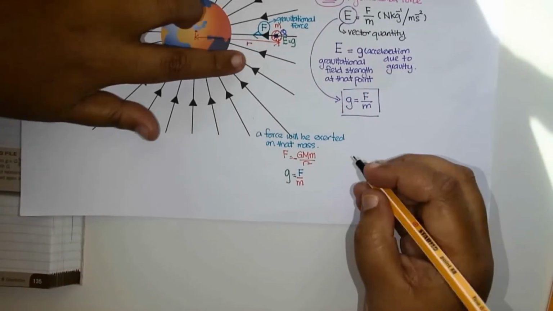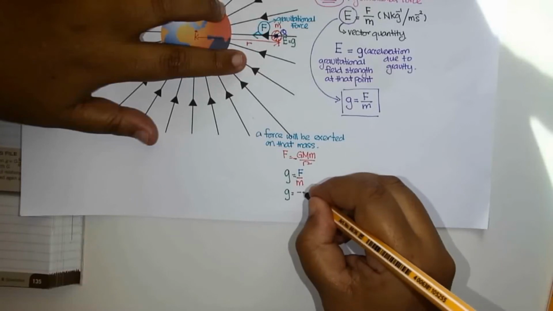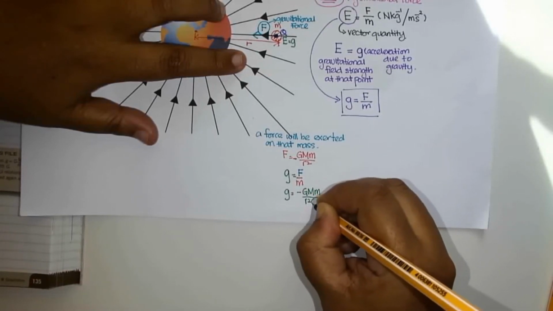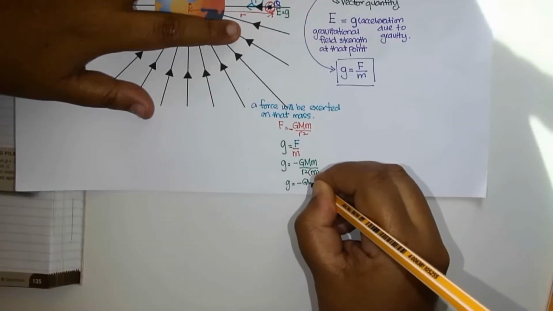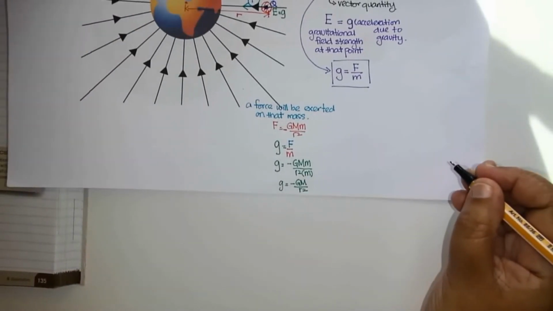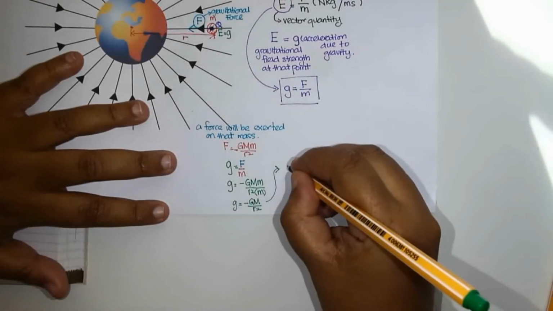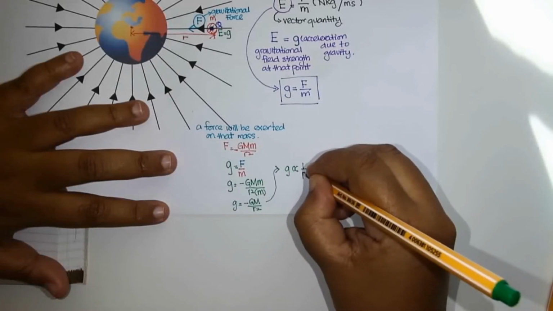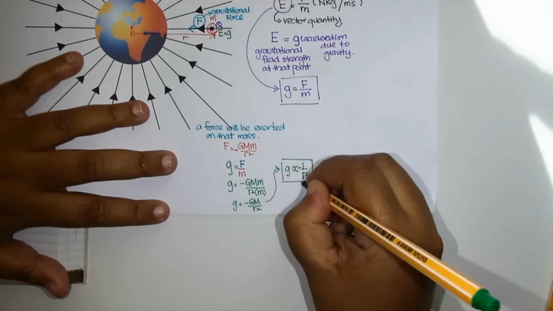Therefore the gravitational field strength g equals negative GMm over R square divided by m. So you get g equals negative GM over R square. From here you realize that the gravitational field strength g is inversely proportional to R square.